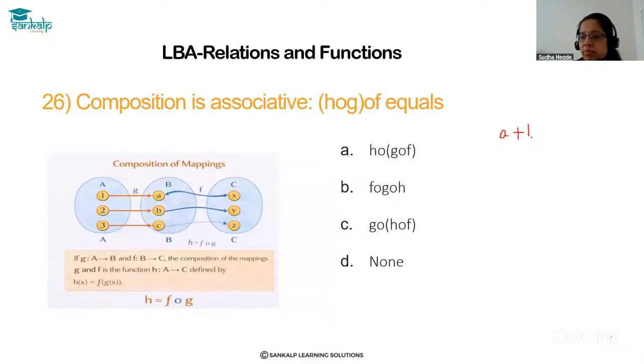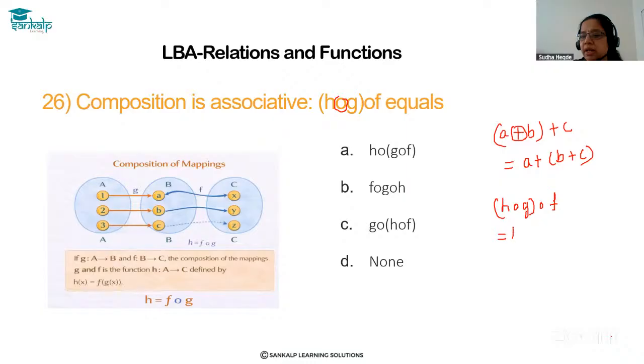A plus B plus C is equal to A plus B plus C, grouped differently. With respect to addition, you can write the associative property like this. In the same way here, instead of plus, you have the composition symbol. So how can you write H composition, G composition, F?